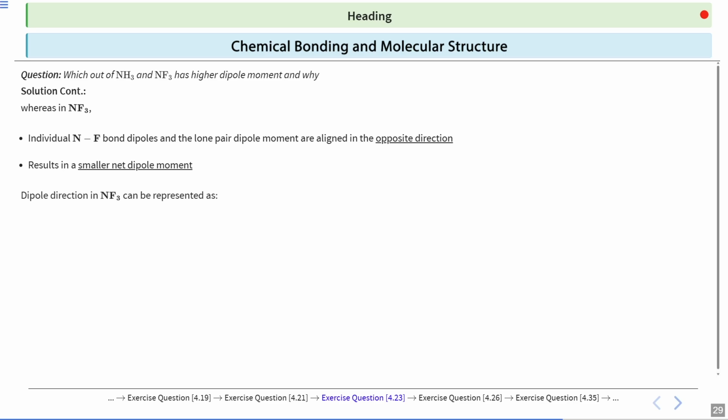For that, let us look at the picture. You look here. The N-F dipole moment direction is opposite to N-H. It will start from nitrogen and move to fluorine, because fluorine is the most electronegative. Due to the lone pair, the dipole moment is upwards. In the case of NH3, the arrows were all pointing upward, resulting in a total addition. Whereas in this case, you see two opposite cases.